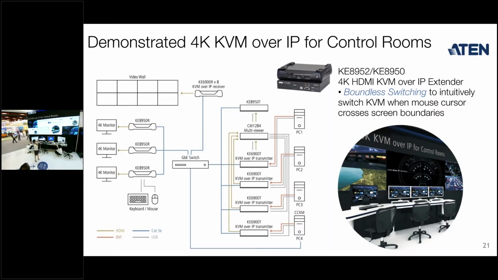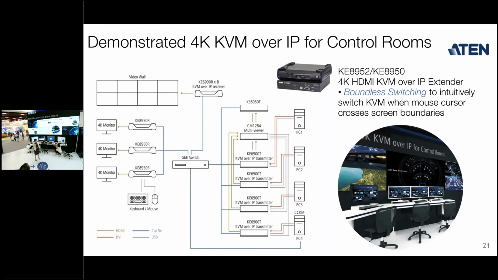This function is the boundless switch. You see the blue color, the boundless switch, it means that the user can intuitively move their mouse to the border or the boundary of the screen to switch the port. So if you're interested, you could sit down and play around.